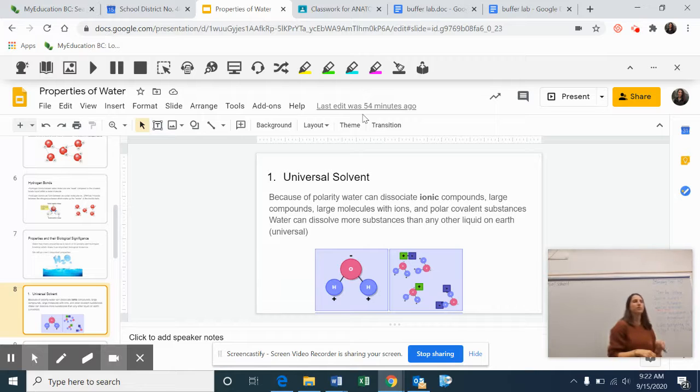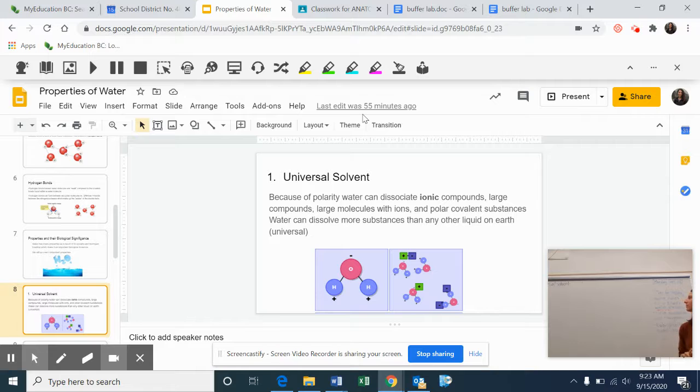Do you guys remember the difference between a solvent and a solute? What's a solvent? One of them dissolves, the other doesn't. Yeah, so a solvent is the larger portion of a solution, and it's the thing that you dissolve a solute into.